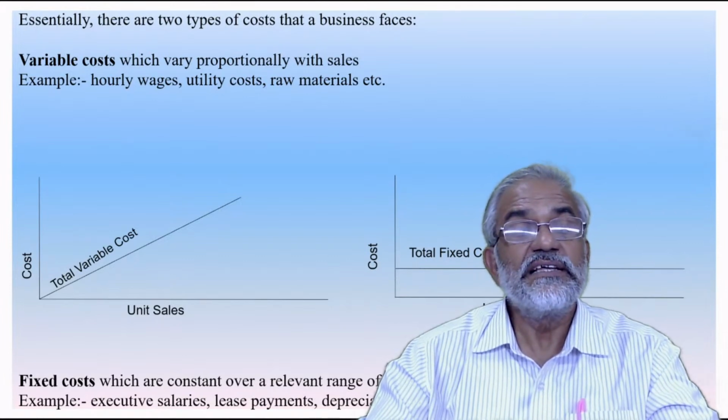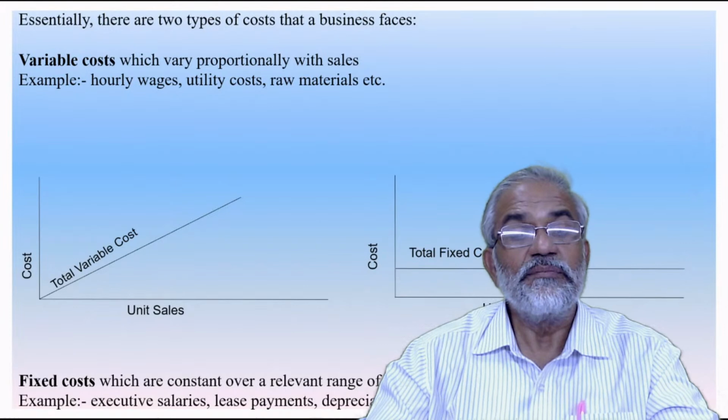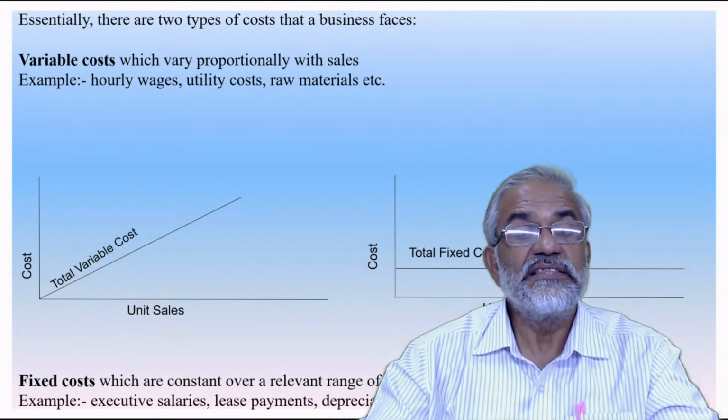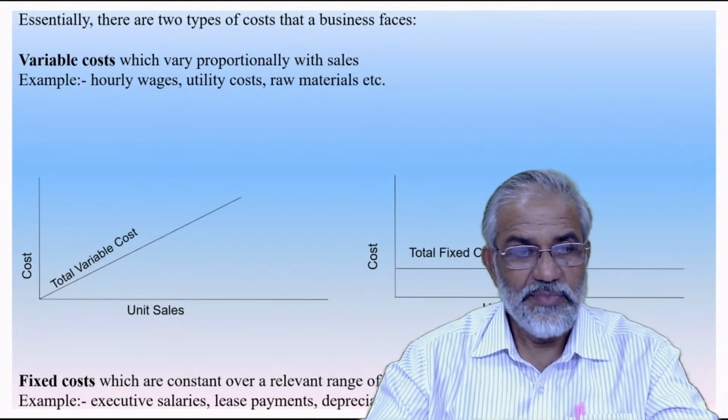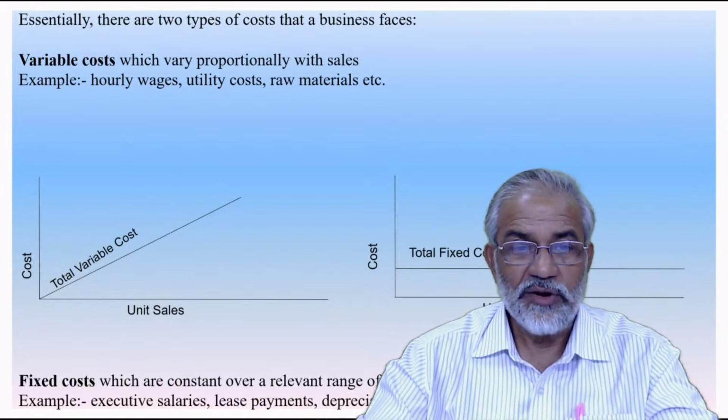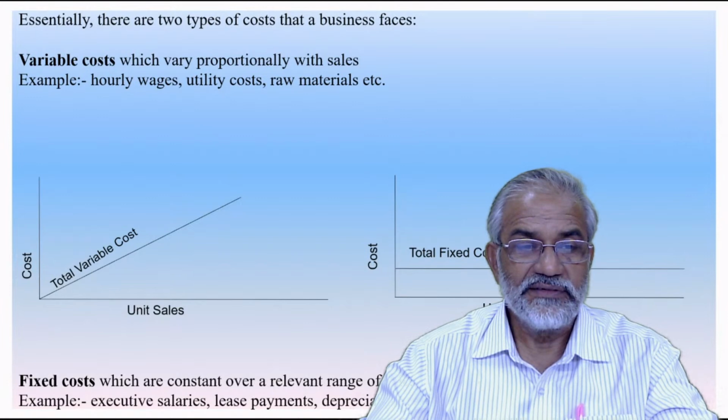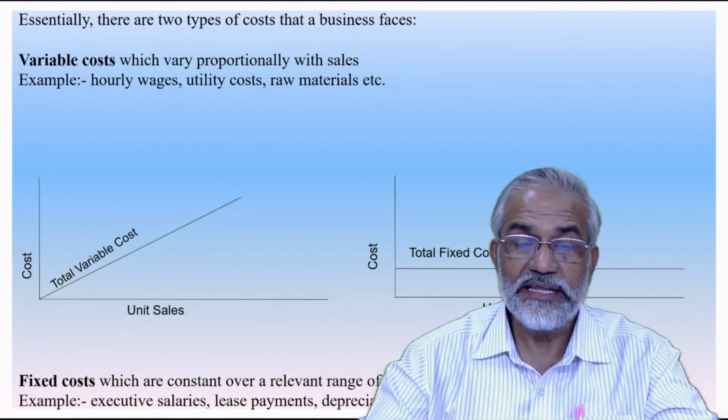If they are represented in a graph, we measure the unit of sales on the x-axis and cost on the y-axis. The variable cost will give an upward trend because when the unit of sales increases, the variable cost will automatically increase.